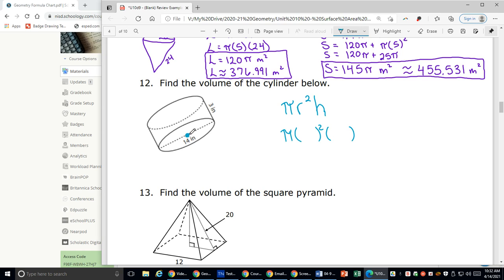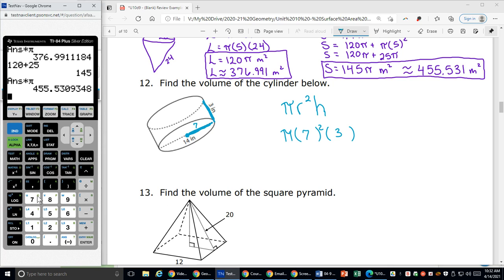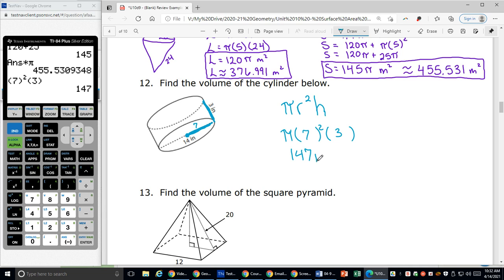My radius is only halfway across the bottom there. They've got 14 all the way across, so halfway across, my radius is 7. My height from one circle base to the other circle base is 3. So I need my calculator. 7 squared times the height, 3, gives me 147 pi, because I didn't put the pi in the calculator, so it still exists.